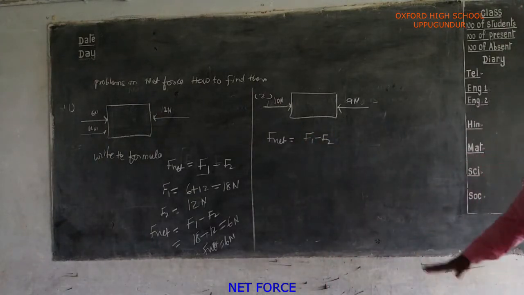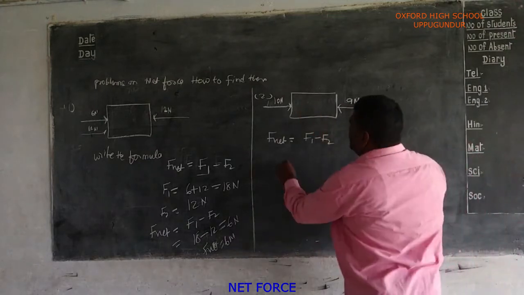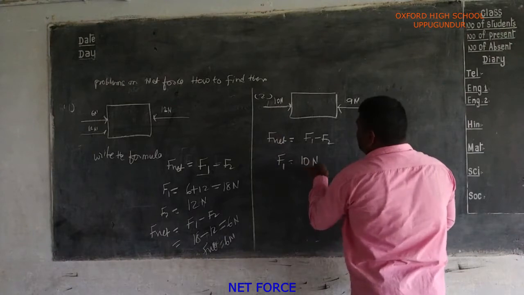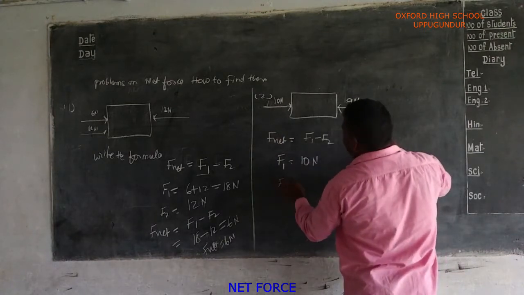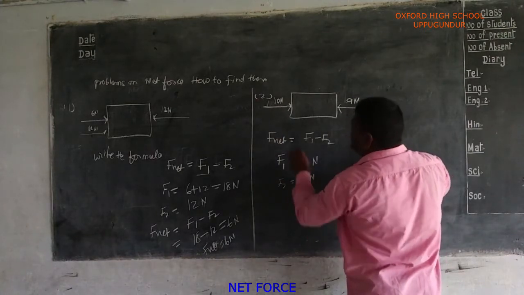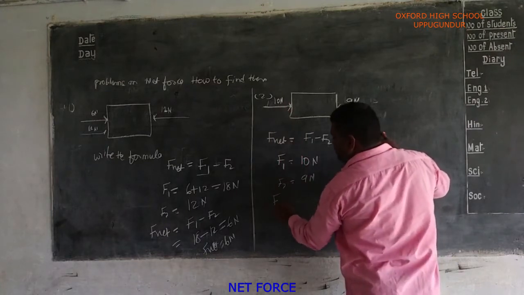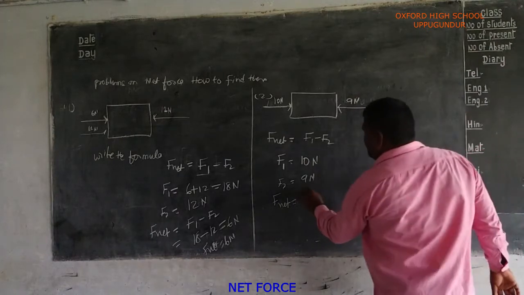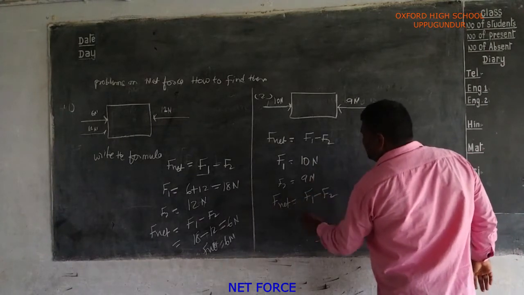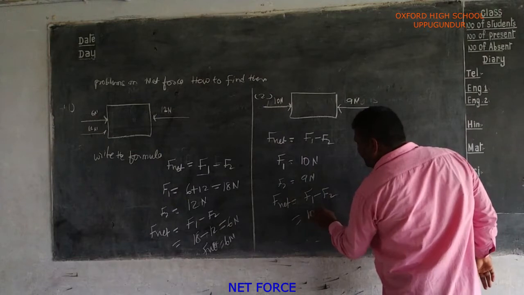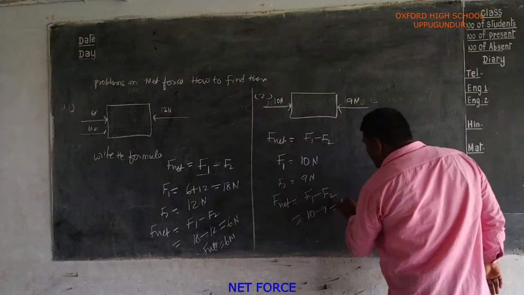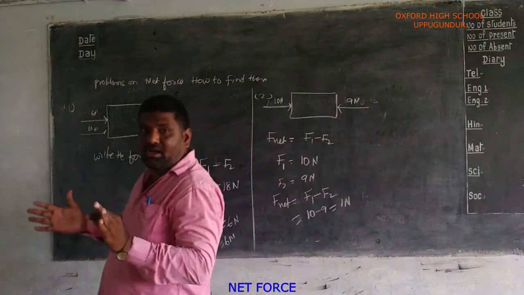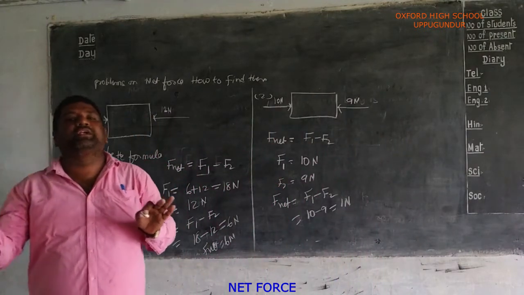The left side force F1 is 10 newtons, and F2 is 9 newtons. So F net is equal to 10 minus 9, which is 1 newton. These are examples of how to find the net force.